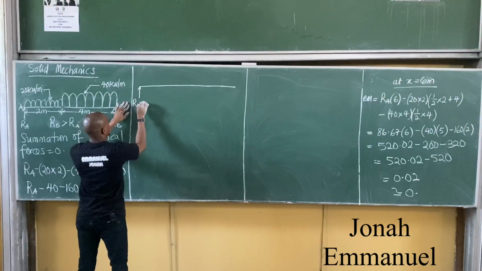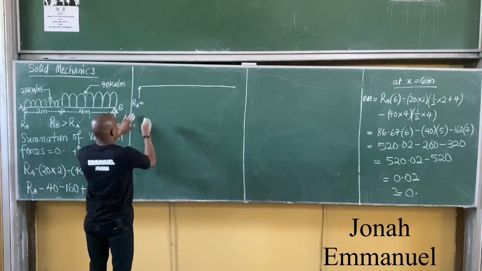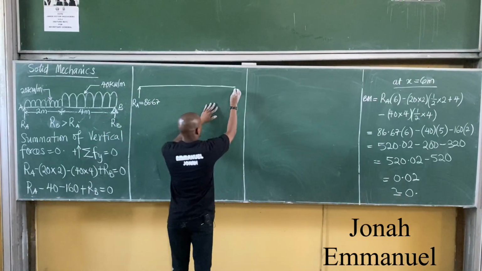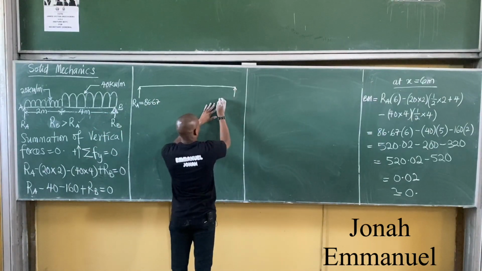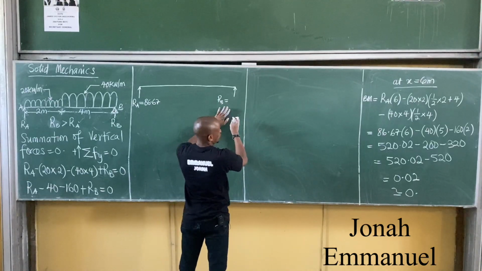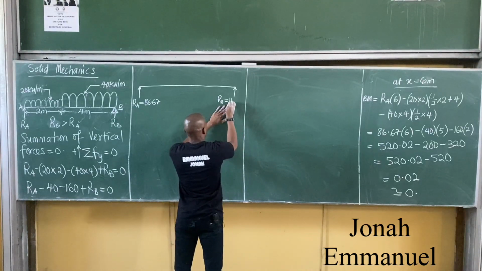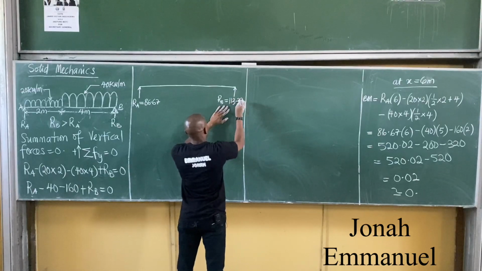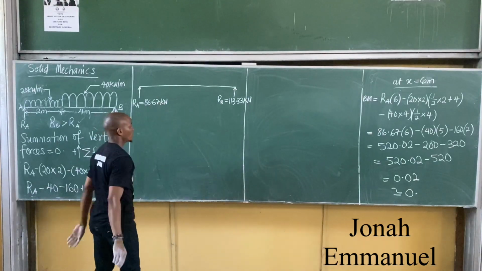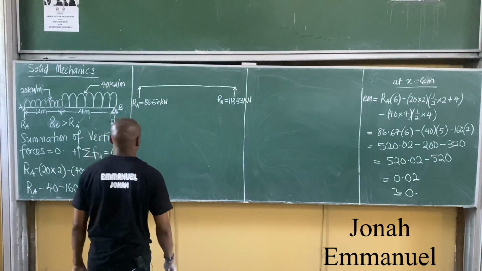RA is equal to 86.67 and RB is equal to 113.33, of course, in kilonewton.